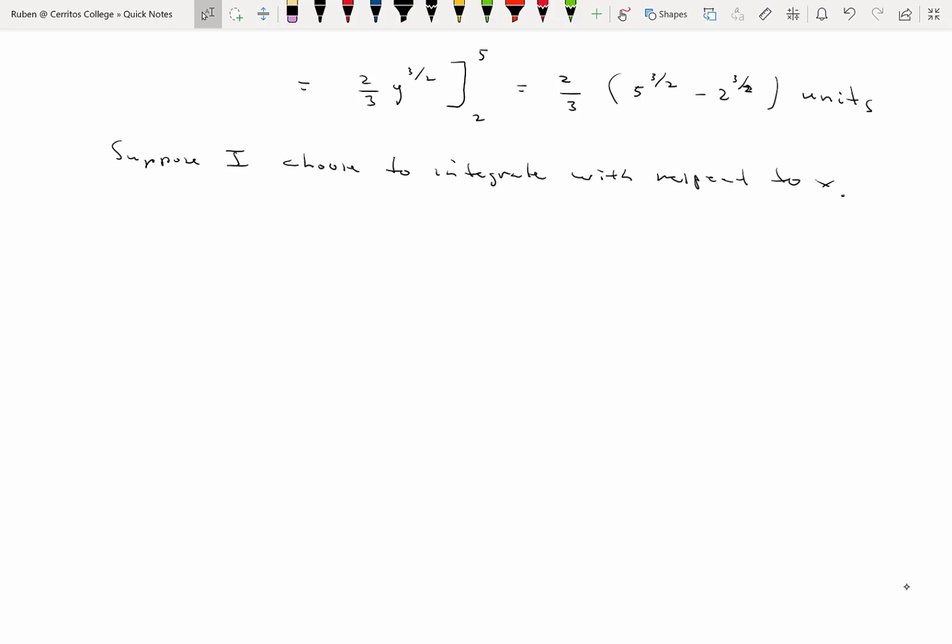So in order to do that, I'm going to need to take my original x equals 2/3 times y minus 1 to the 3/2, and I'm going to need to solve that for y.